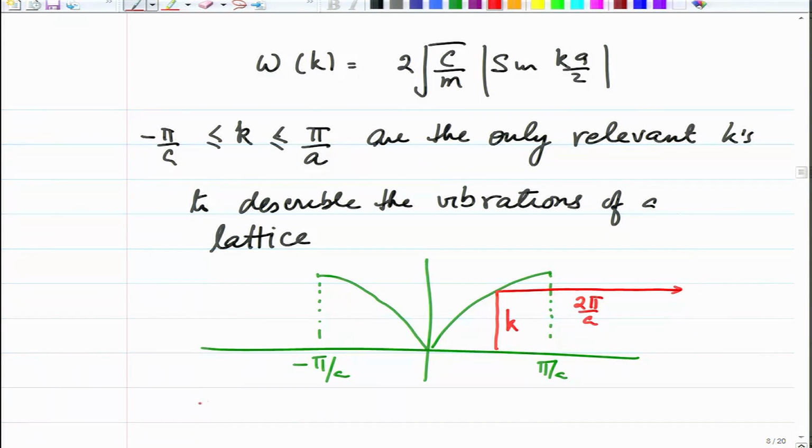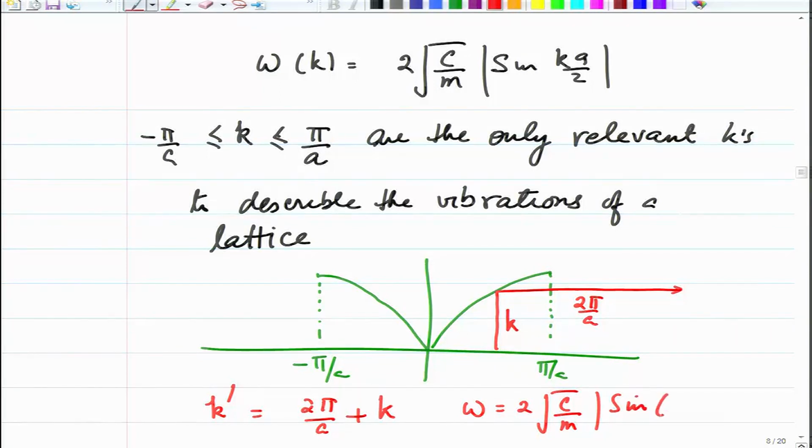That means I take a new k prime, which is equal to 2 pi over a plus k. What happens to omega? Omega will become 2 root c over m mod sine of pi plus k mod, which is the same as sine k. So, omega does not change.